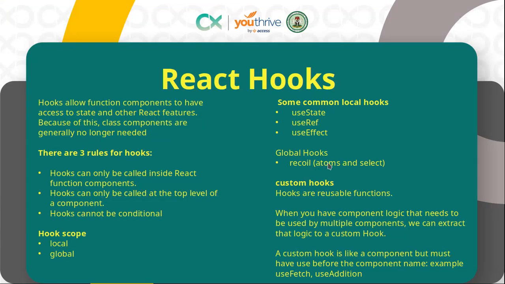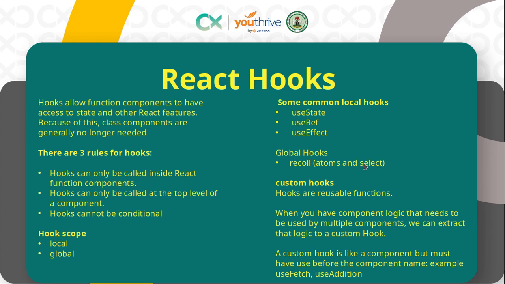So atom and selector, the way we use selector is also related to the atom. So they can almost do the same thing. So let's learn how to use the custom hook first, then if need be I'll show you how to use the selector.